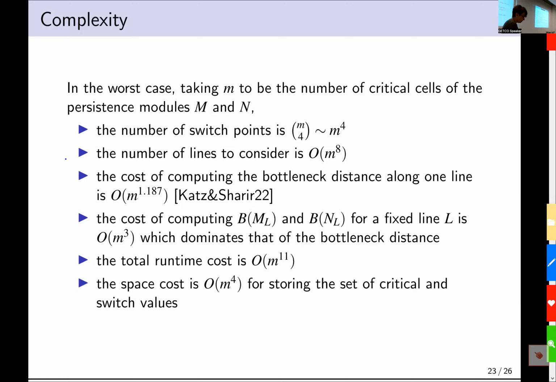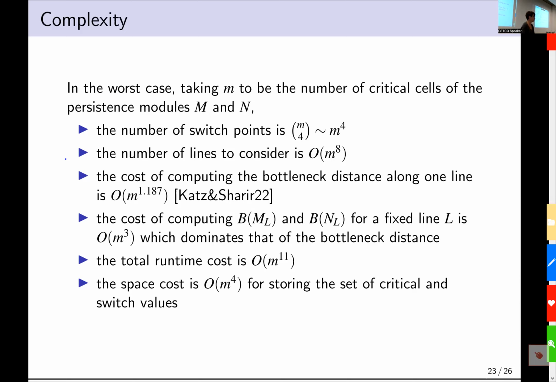And there is a new paper. I've not studied it, but I thought it was important to acknowledge that there is a new paper that seems to improve the cost of computing the bottleneck distance. And so what? Well, we get something whose computational cost is polynomial with a very high exponent, which is exactly the same exponent as the one obtained, I think, by Steve and Michael Kerber and Mike Lesnick in their paper.